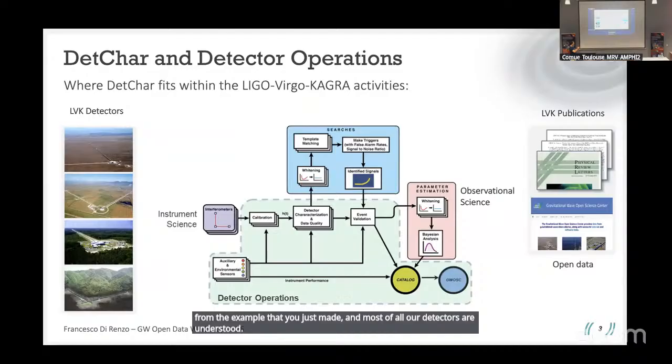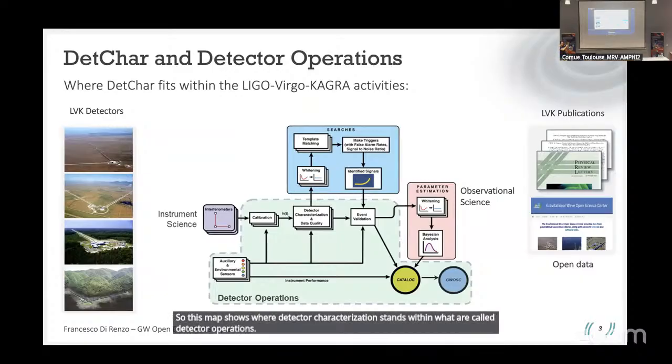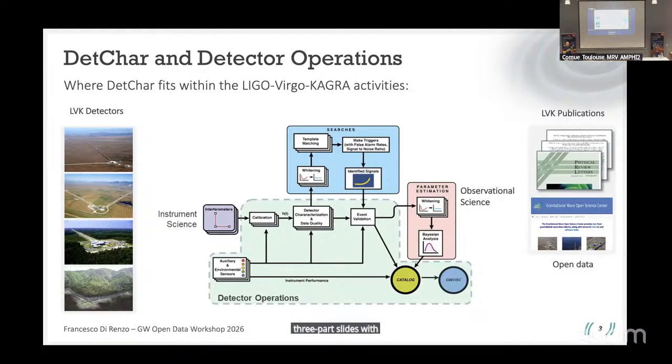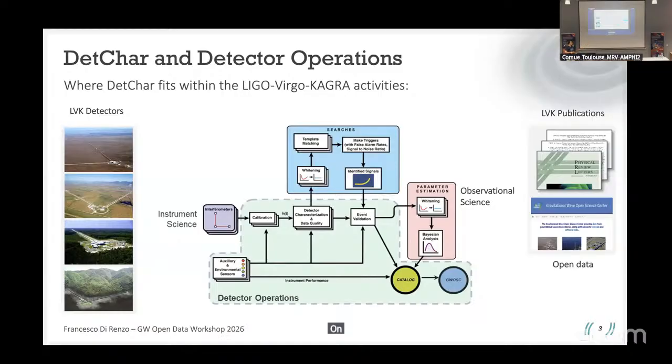So this map shows where detector characterization stands within what is called detector operations. Again, a 3-part slide with, on the right-hand side, the detectors from top: Hanford, Livingston, Virgo, and Kagra. I mixed the 2 with respect to alphabetical order. On the left-hand side, we have the publications of the LIGO, Virgo, and Kagra collaboration.